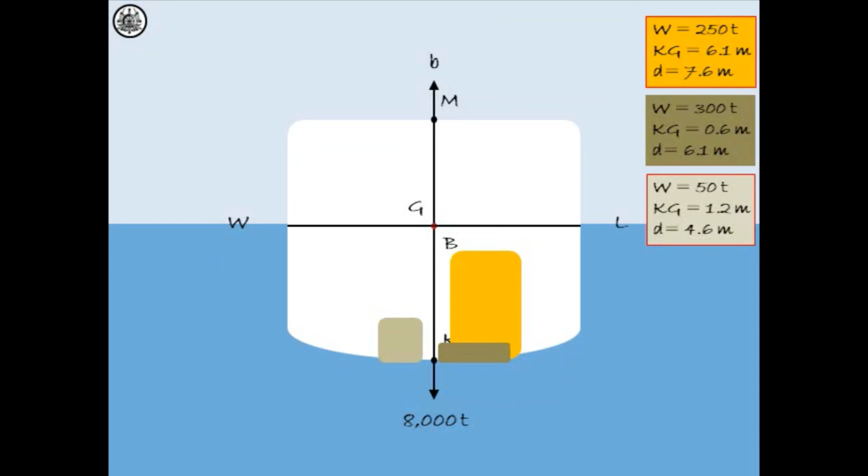Fuel oil of 300 tons, KG of 0.6 meters, with a distance from the center of gravity of 6.1 meters. Ballast of 50 tons, KG of 1.2 meters, with a distance from the center of gravity of 4.6 meters. Discharging the ballast of 50 tons.